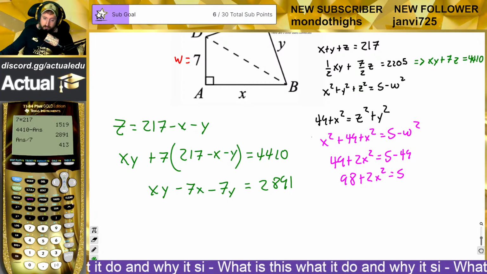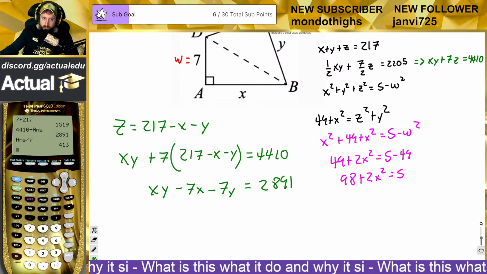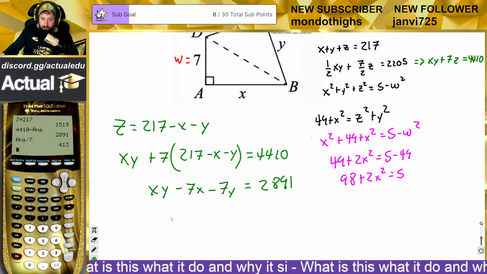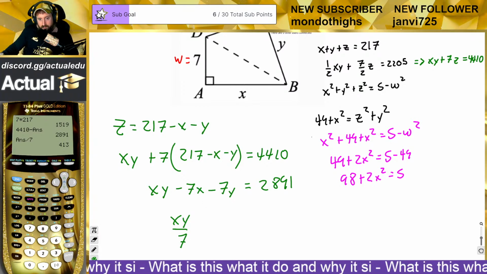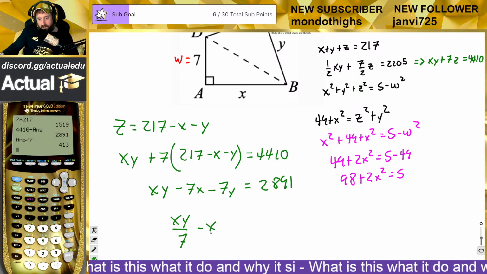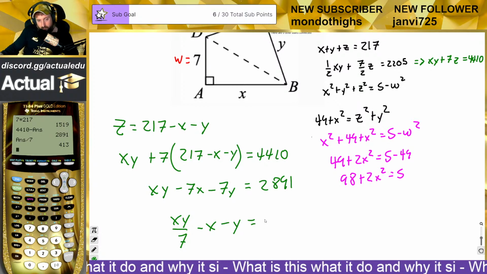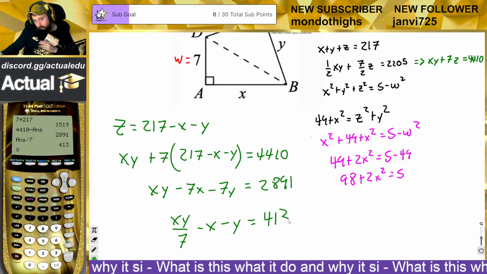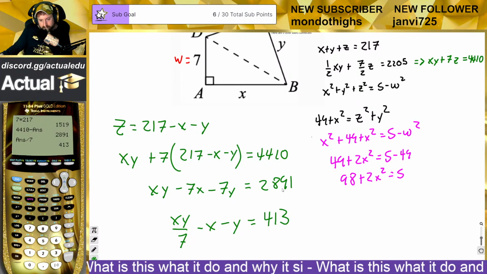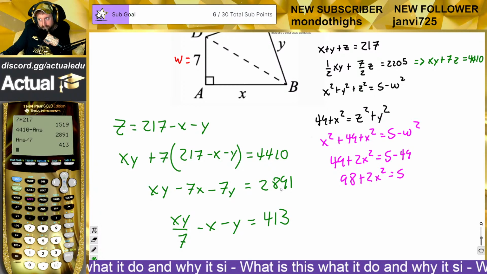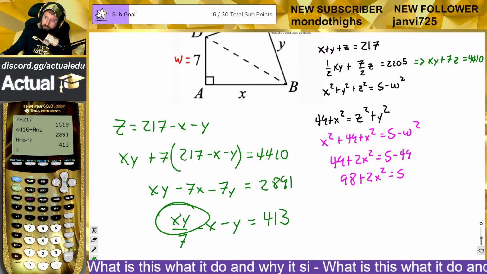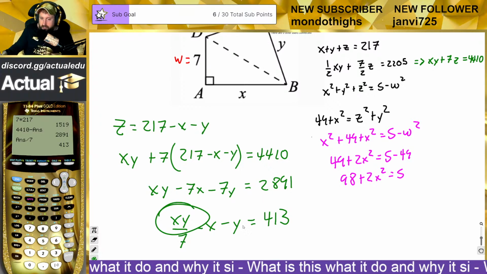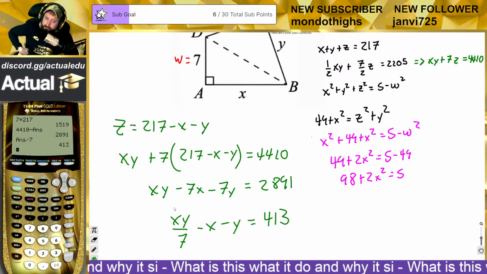It does. Ooh. Okay. xy over 7 minus x minus y is equal to 413. Okay. So x times y has to be some multiple of 7, because I need all of these things to stay as integers. Right?